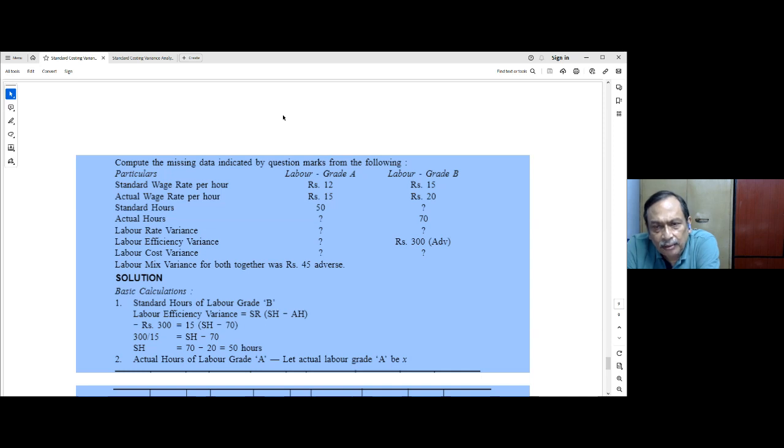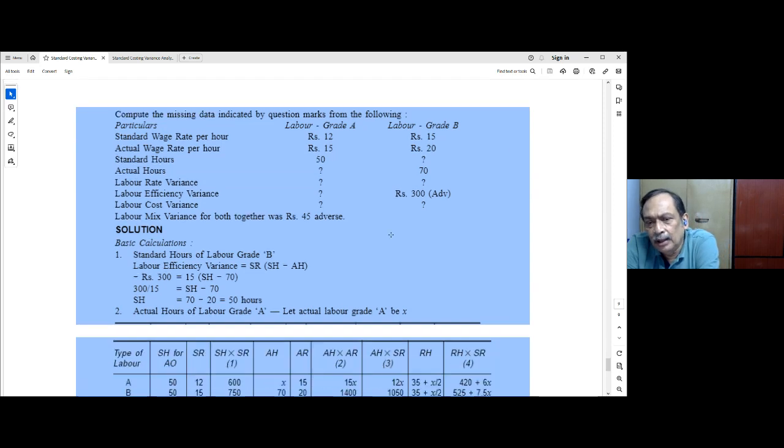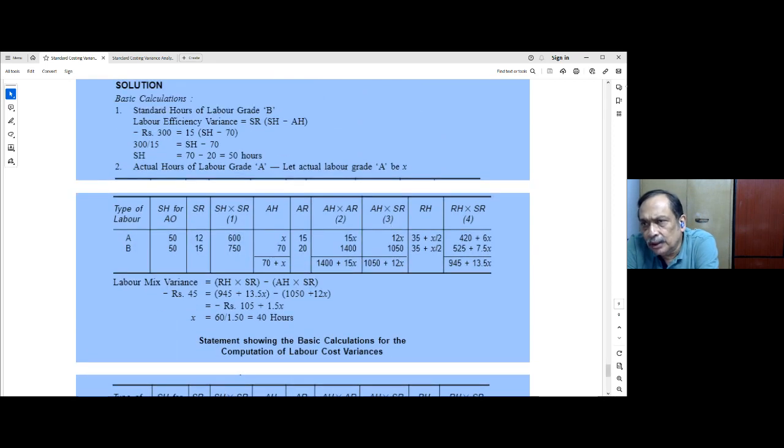Labor rate variance for B calculated. Labor efficiency variance calculated. And labor mix variance for both together was given 45, and accordingly we have solved. So with this, I close labor.